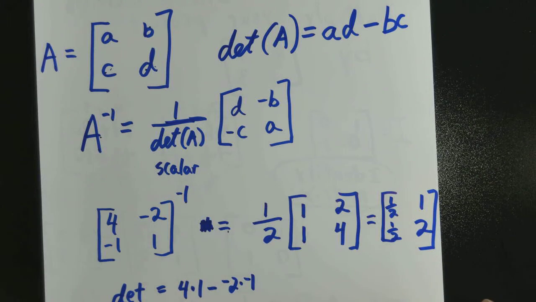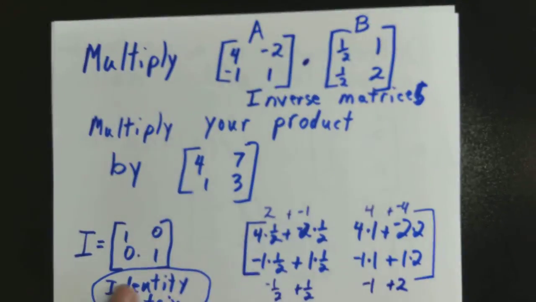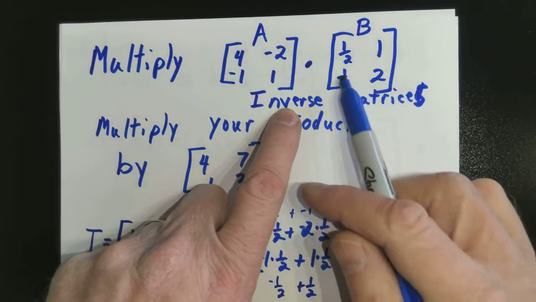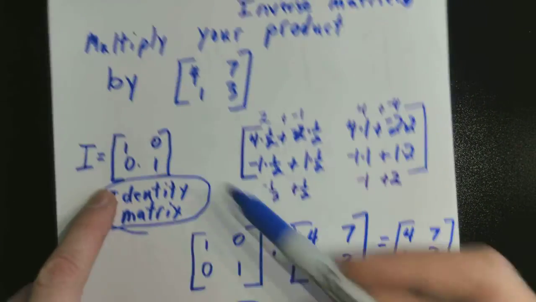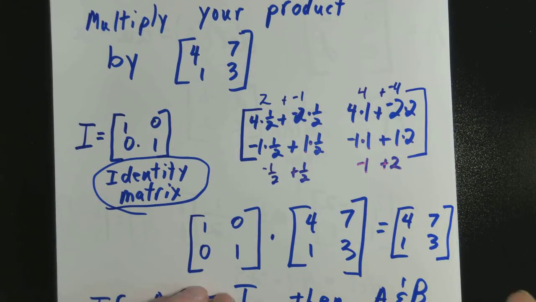So, just a few terms here. We talked about the identity 2 by 2 matrix is this, 1, 0, 0, 1. Inverse matrices, when multiplied, give you the identity matrix. The identity matrix times any matrix will be that matrix, right?